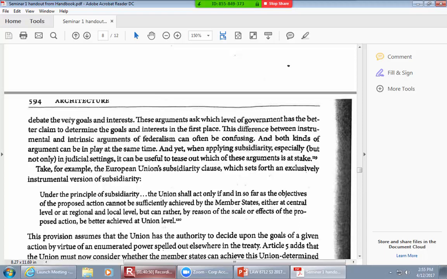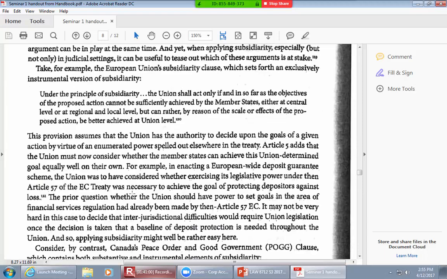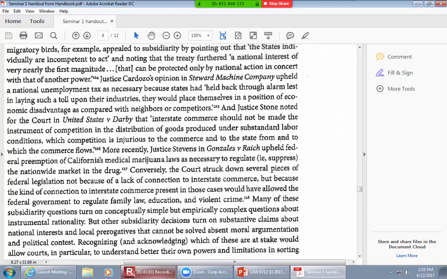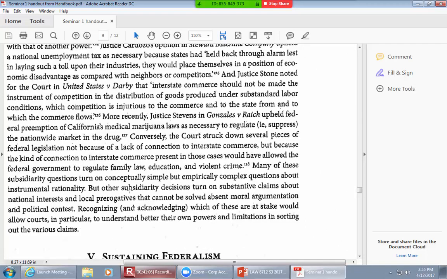Okay, so maybe I just want to share as well something on page 995. Somewhere at the bottom of the page it says, many of these subsidiarity questions, the ones that we're just talking about, turn on conceptually simple questions, whether we want to put it at a certain organizational level, whether it's the local or the national.